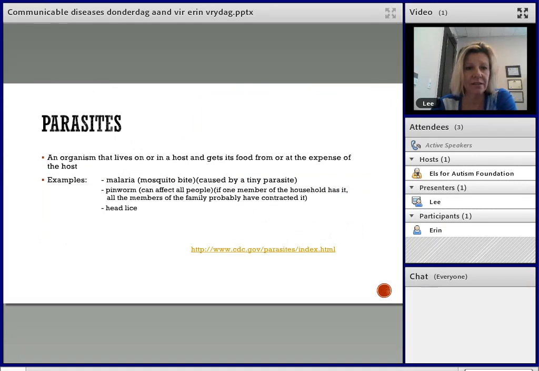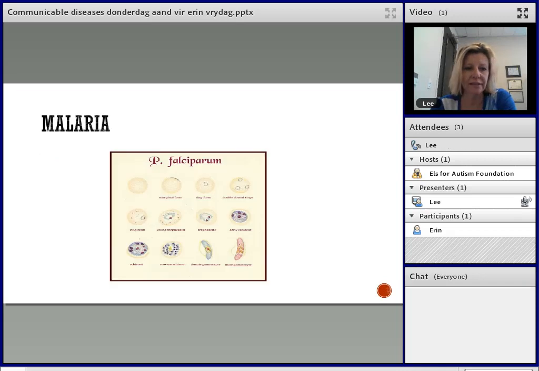We have parasites, and that's an organism that lives on or in a host and gets its food from or at the expense of the host. An example of this is malaria, pinworm, and head lice.